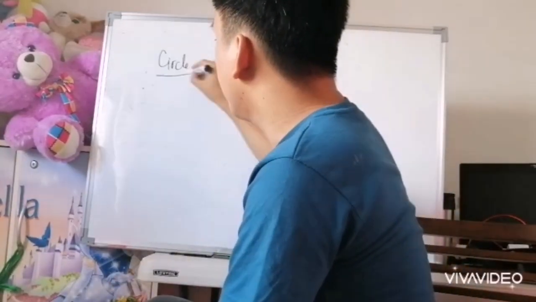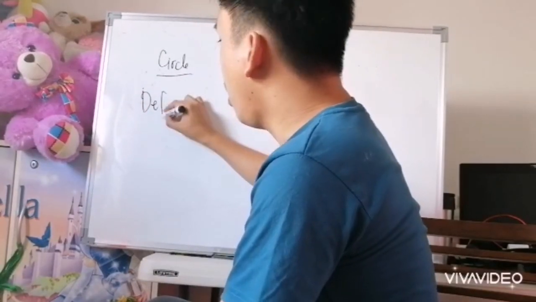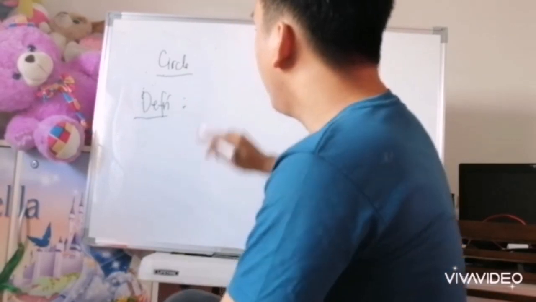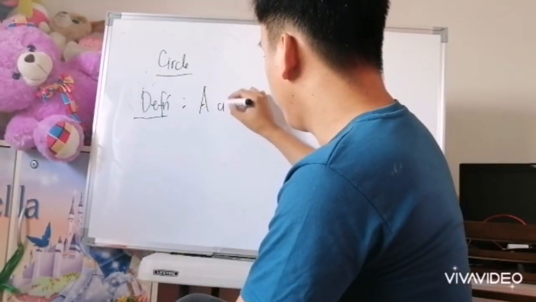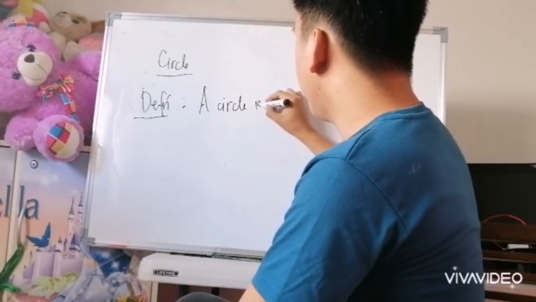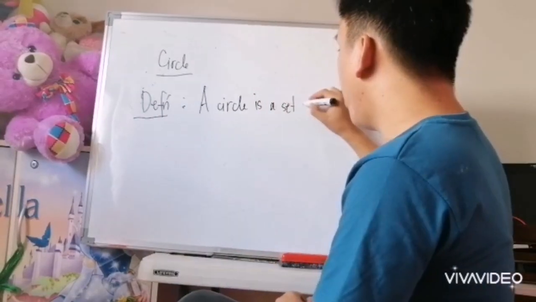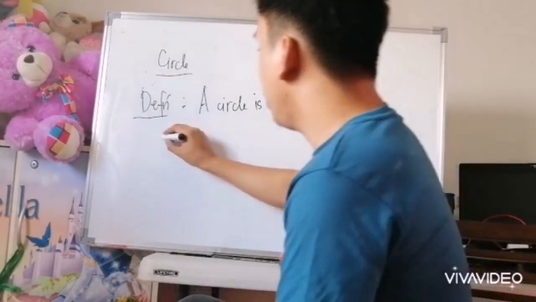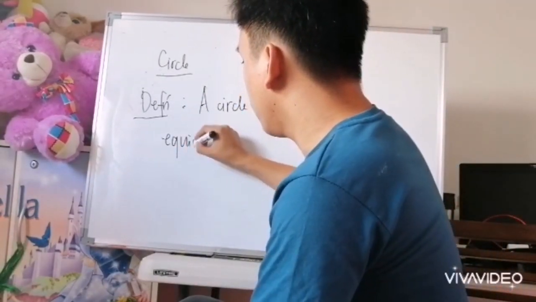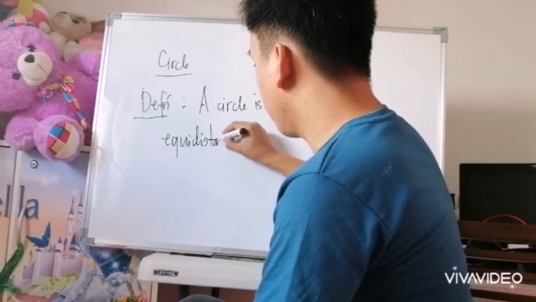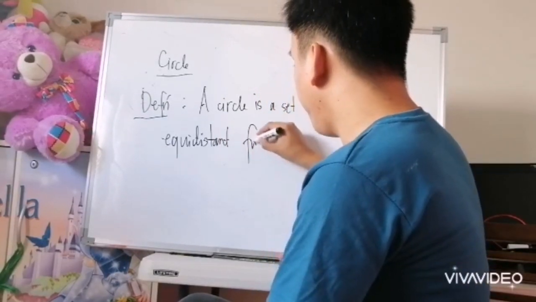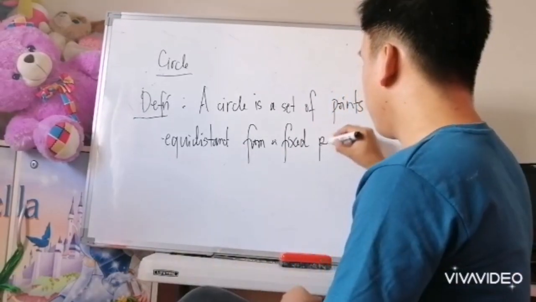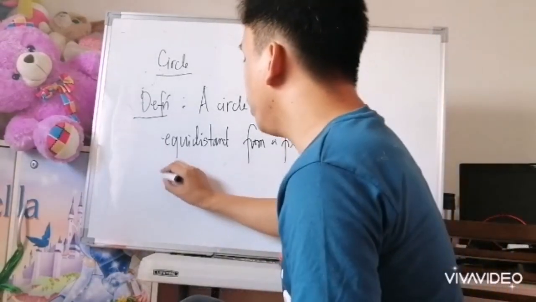So this is a circle. I hope my penmanship is clear for you. A circle is a set of points equidistant from a fixed point called the center.